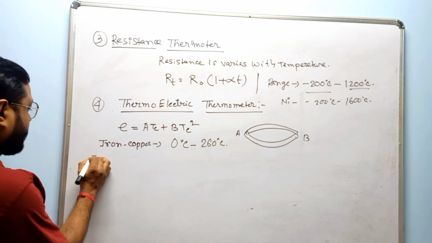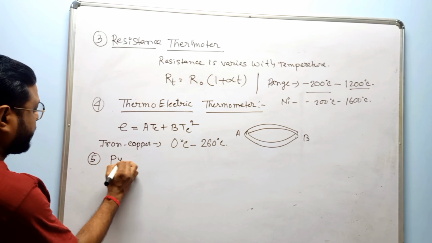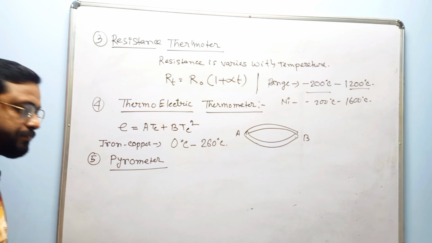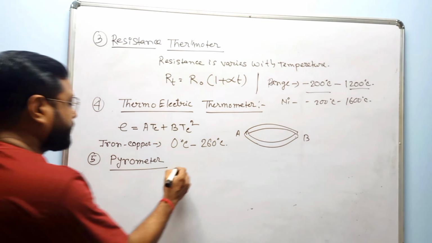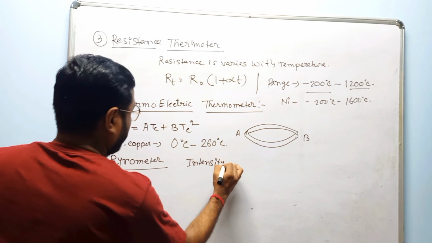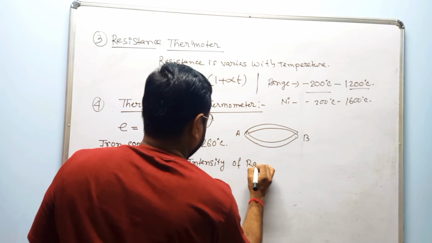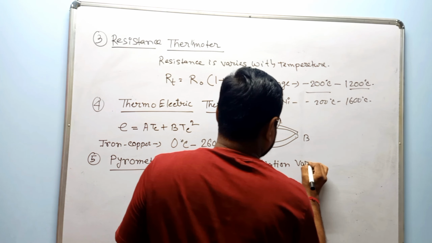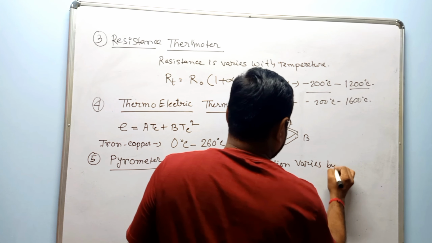Number 5 is pyrometer. In pyrometer, the intensity of radiation varies by Stefan's law.